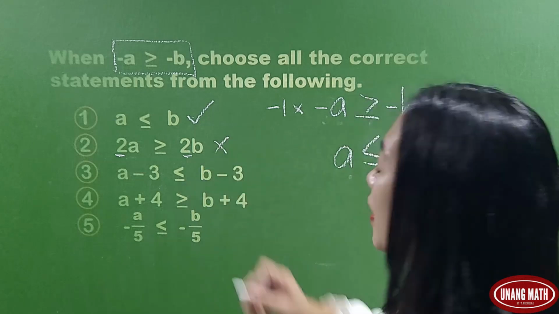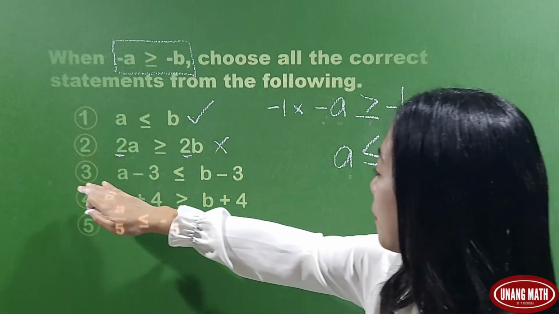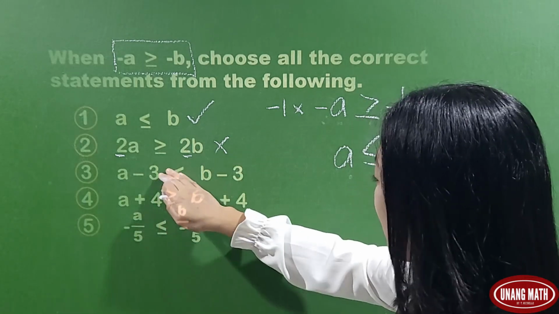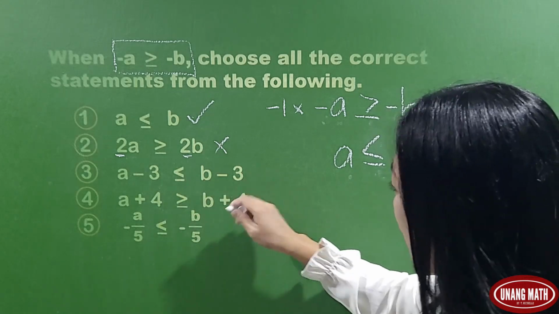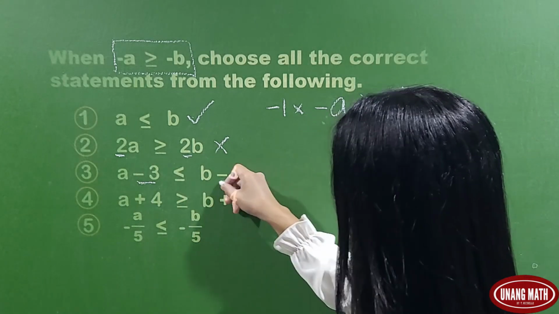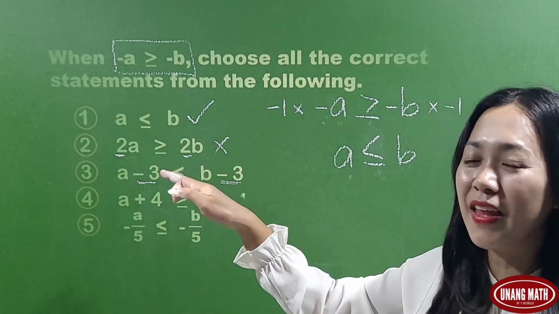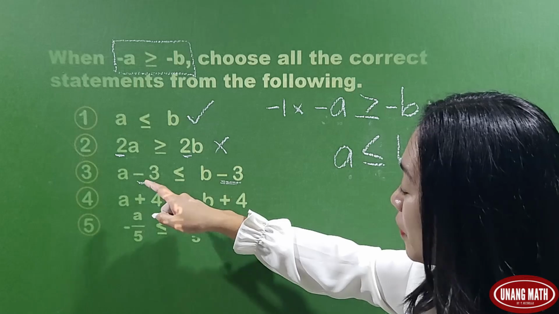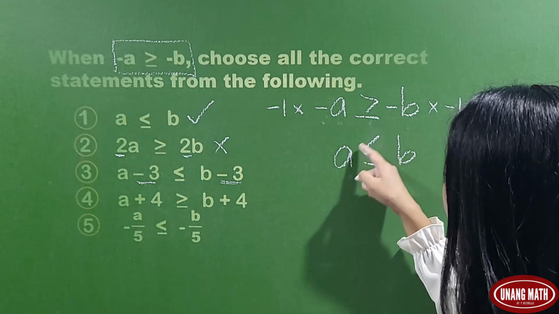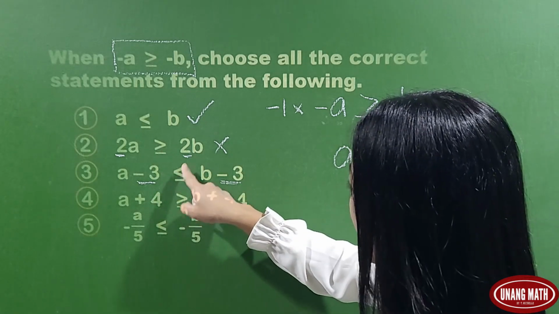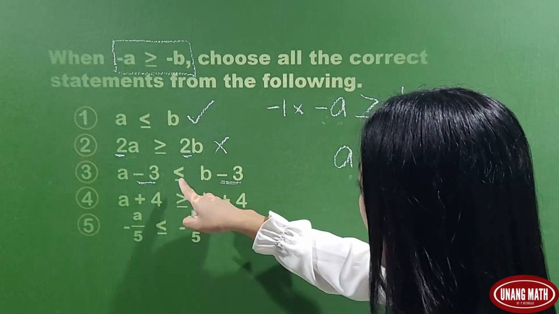So this is not correct. Number 3, A minus 3 is less than or equal to B minus 3. So we subtracted 3 on both sides of the inequality. So our symbol should not change. So it should be less than or equal to, and this is less than or equal to also.